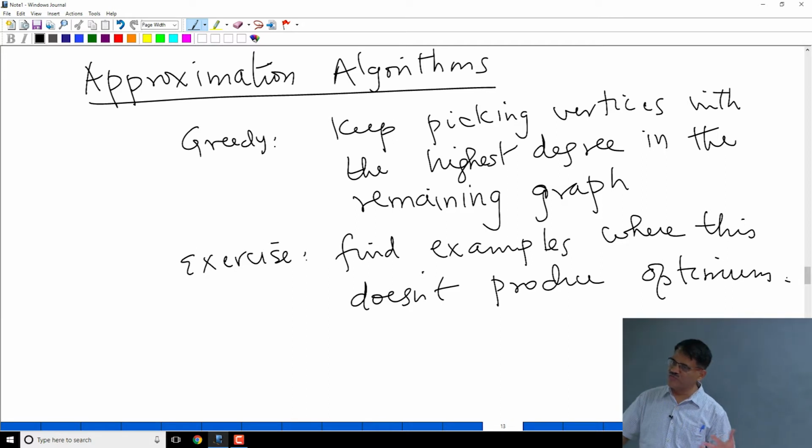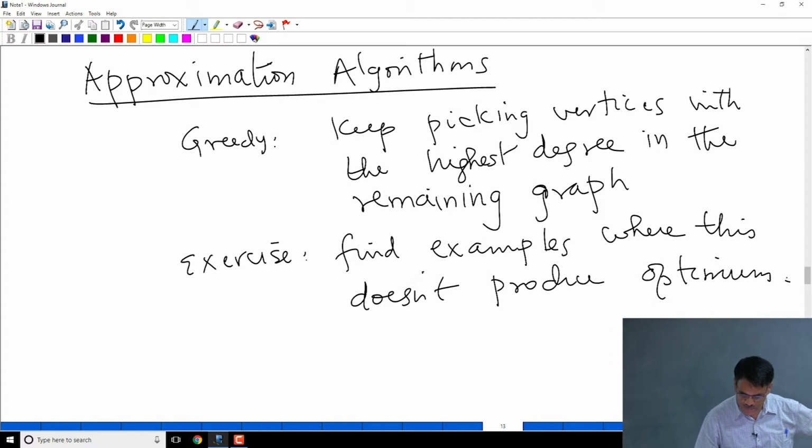With respect to optimum, how bad is it? And this is usually very hard because we do not even know what the optimum is, because we do not know how to find the optimum. So, the challenge in approximation algorithms is not so much the running time, which we will usually make sure is polynomial time, but the solution produced, how good is it compared to the optimum solution. Okay? This is usually hard.